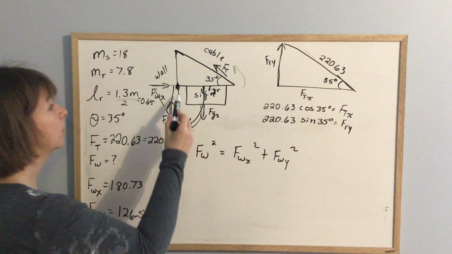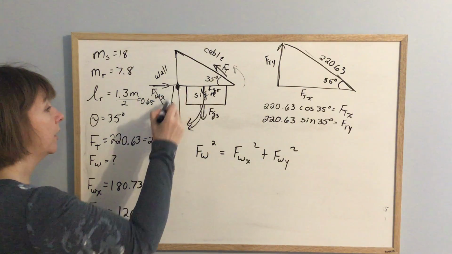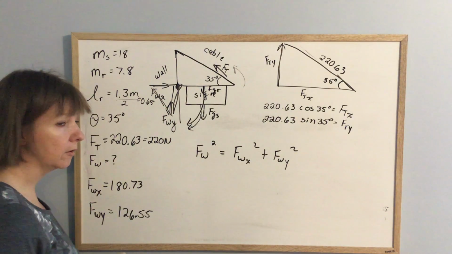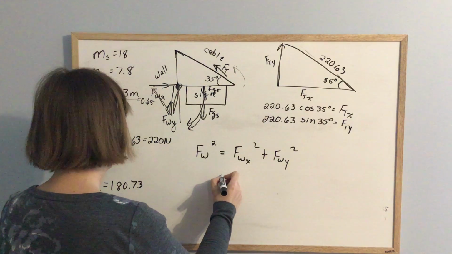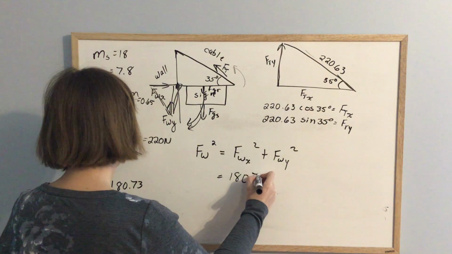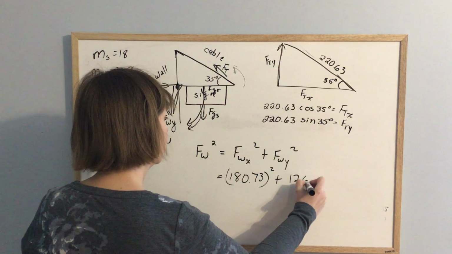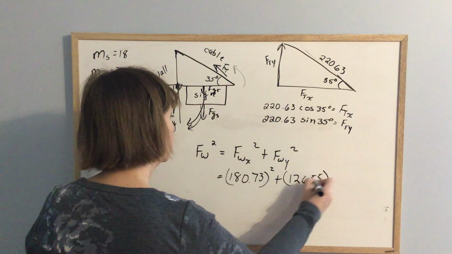Again, x is going this way, y is going this way, that creates a right angle, so the total is here. So we're going to do 180.73 squared plus 126.55 squared.